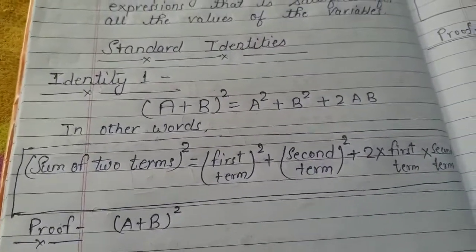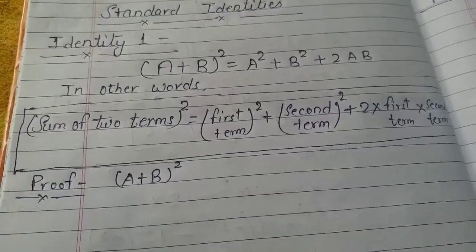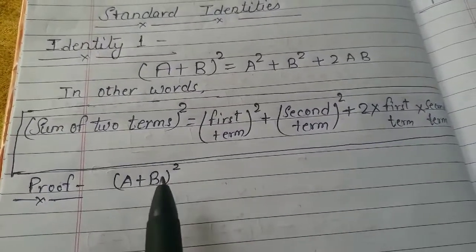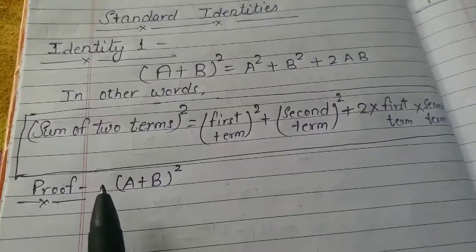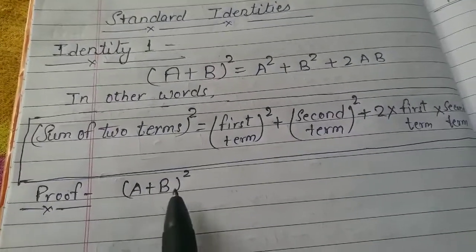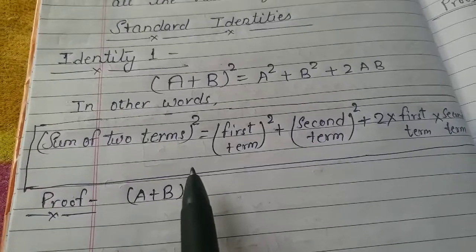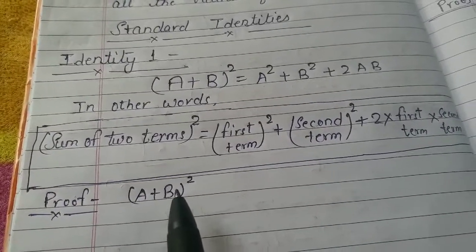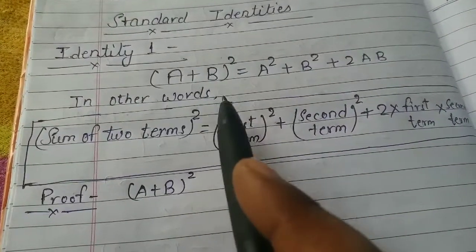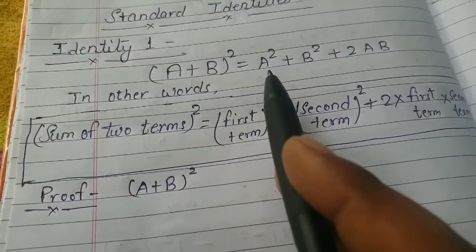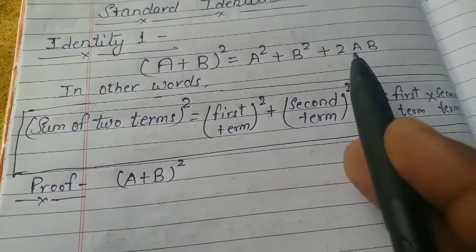Now we prove the first identity. Firstly, we write (a + b) whole squared and solve it to prove the given identity: (a + b) squared is equal to a squared plus b squared plus 2ab.